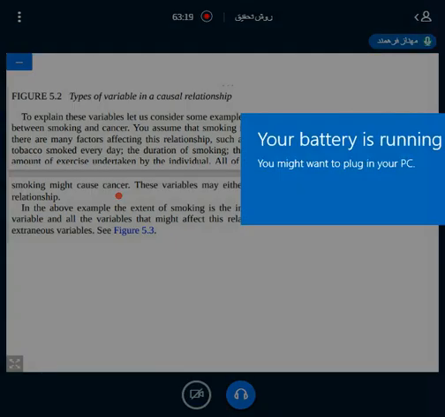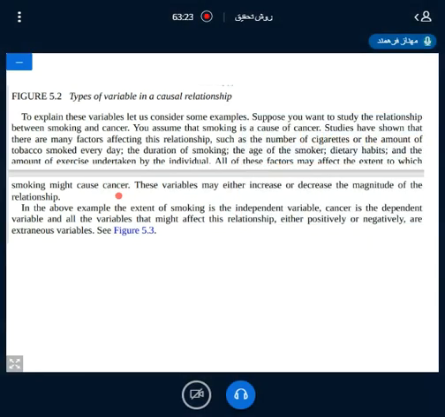And in the above example, the extent of smoking is the independent variable. Please notice the extent of smoking is the independent variable. Cancer is the dependent variable because it depends on smoking.